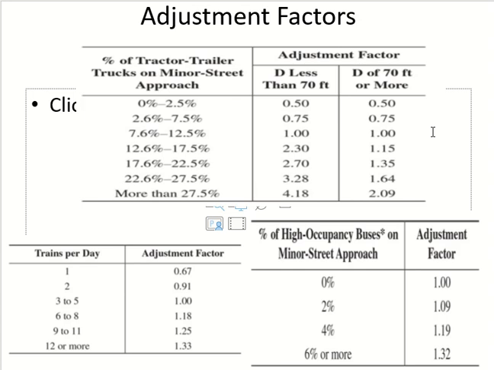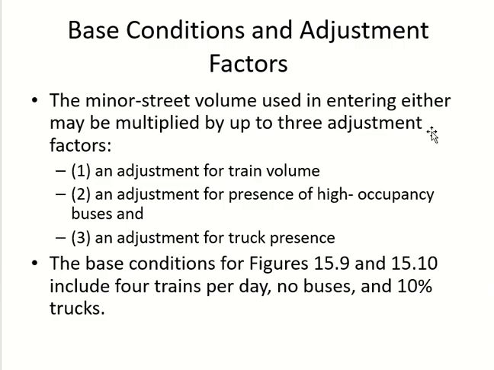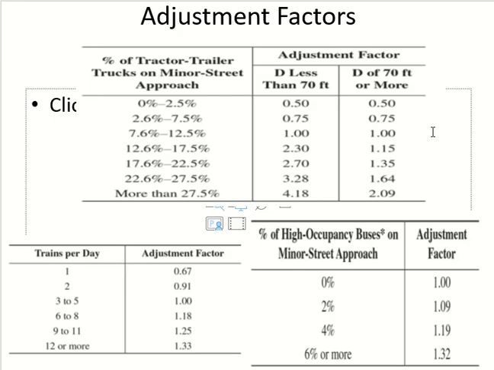If the percentage of trucks is less than 10%, you will not apply this. If the number of trains passing the railway line is less than 4, you will not apply this. Clear? Trains per hour or per day? Per day. Sorry, per day.